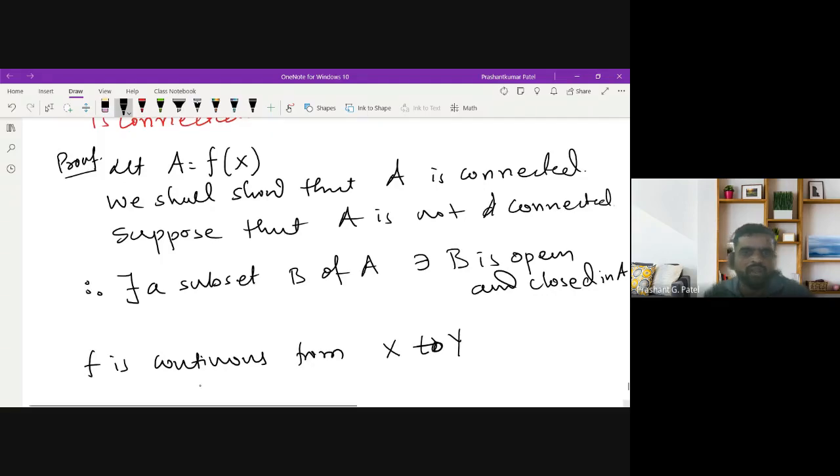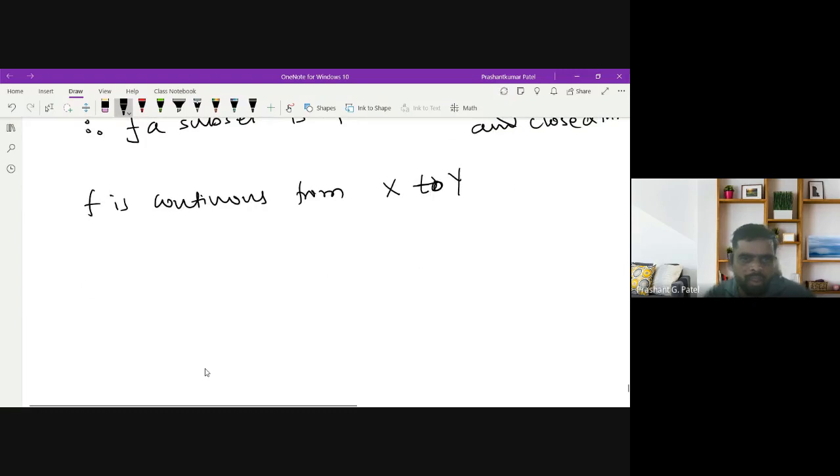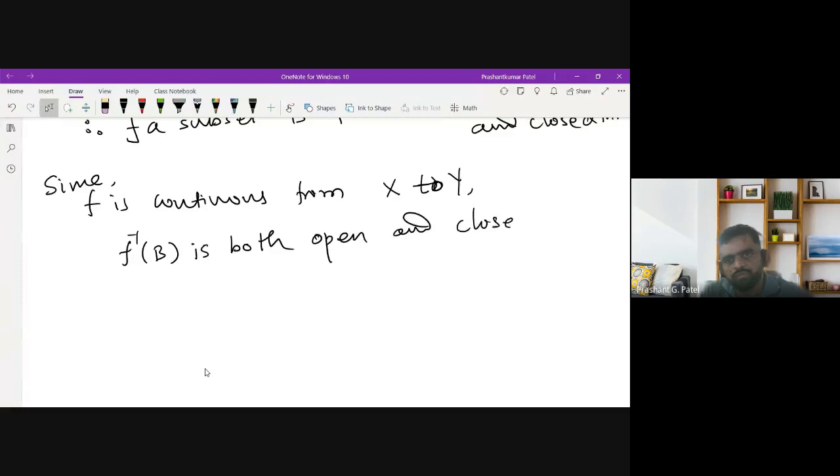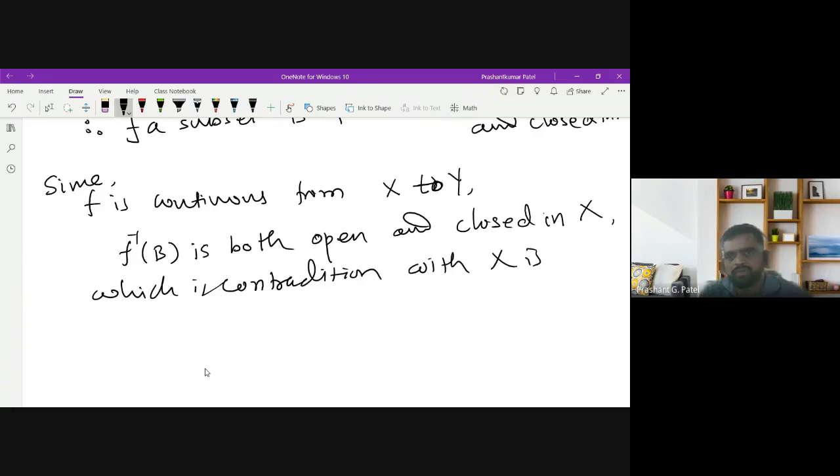So therefore, since f is continuous from X to Y, f inverse of B is both open and closed in X, which is a contradiction with X being connected.